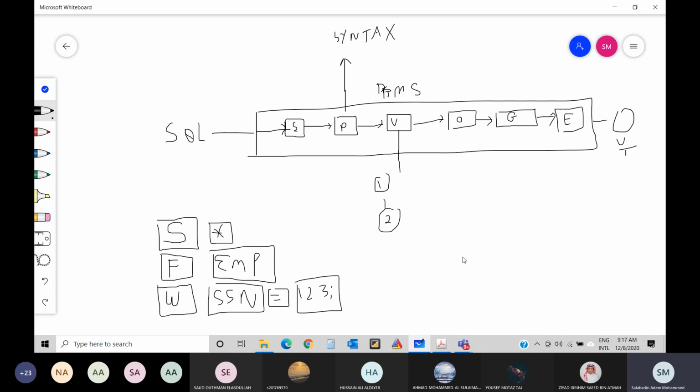So there is one table that checks your privileges. For example, Salah is allowed to see this table and this table and this table. He is not allowed to see the others. They will write what you are allowed to see. And from this table, he is allowed to see this column and this column and this column.